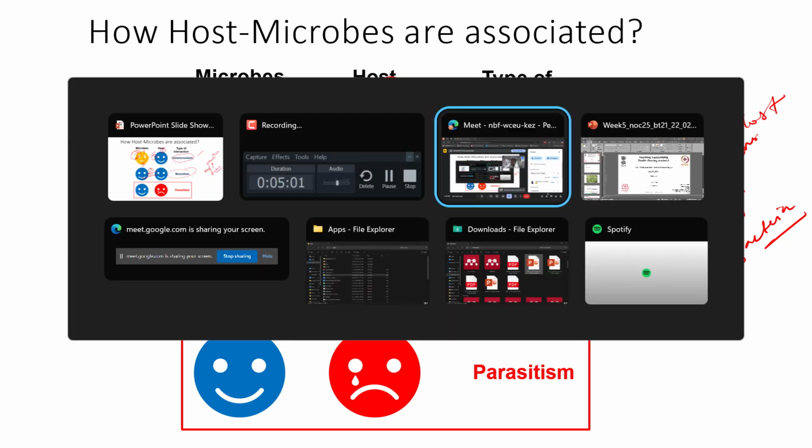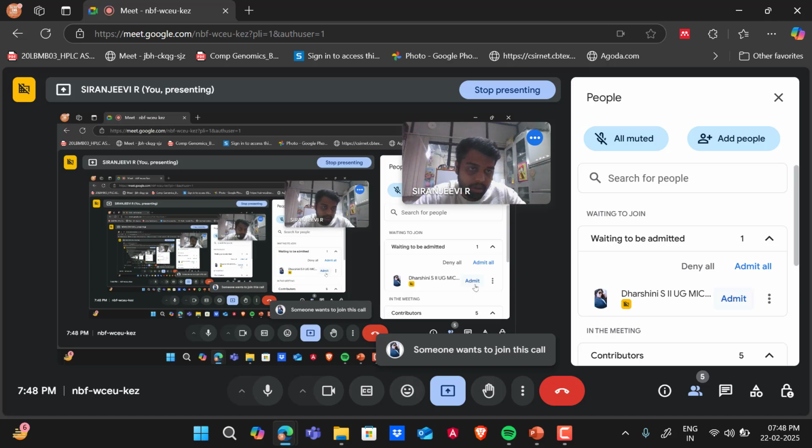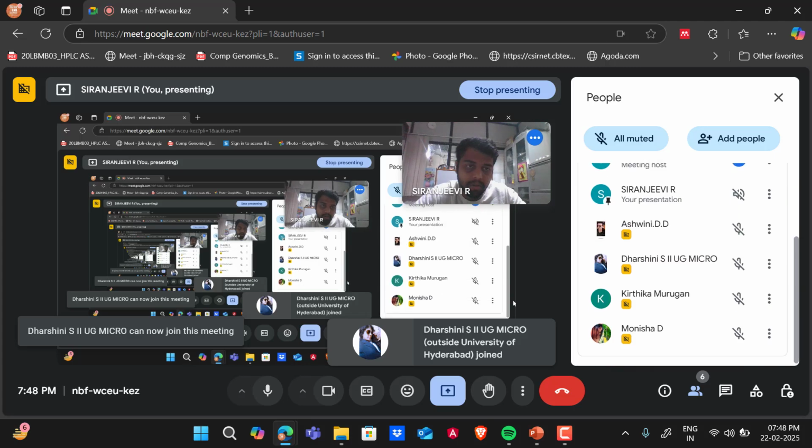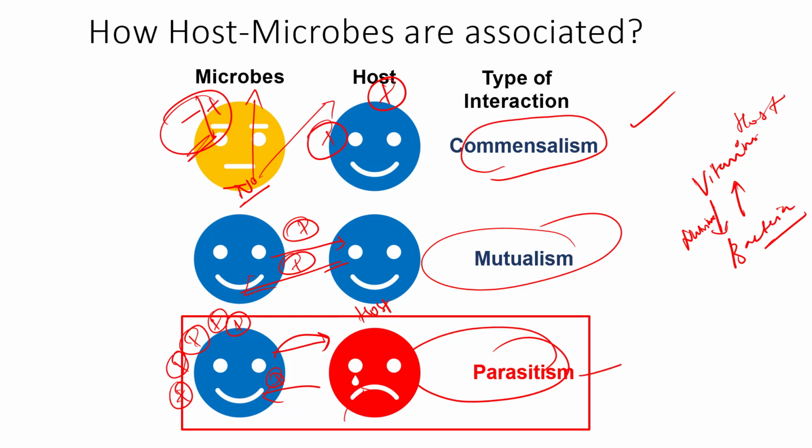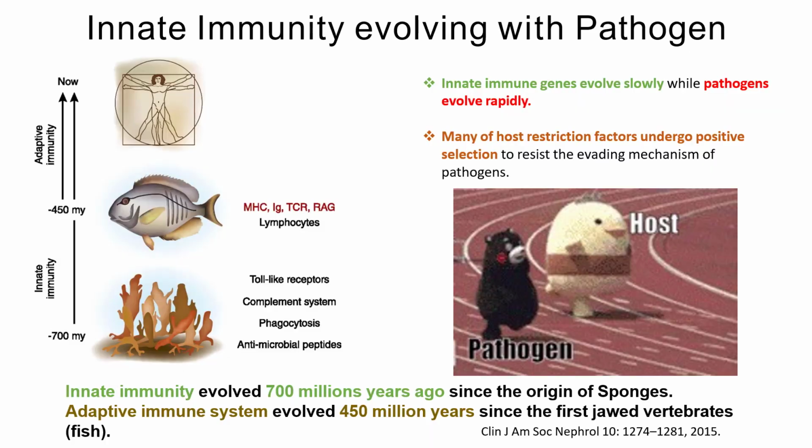Suppose by any chance this bacteria, or whatever we are talking about, develops or affects the host body, then it is called parasitism. So this will be benefited because it will multiply in numbers, because we are giving the nutrients required for its growth. Then it will affect the host in such a way that it will develop a diseased state. Okay, so that's why it is called parasitism.